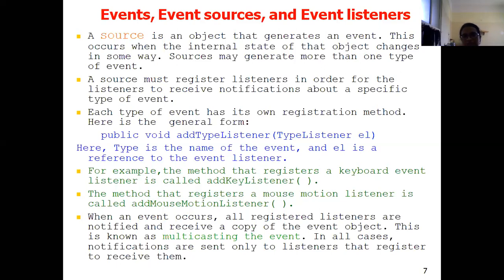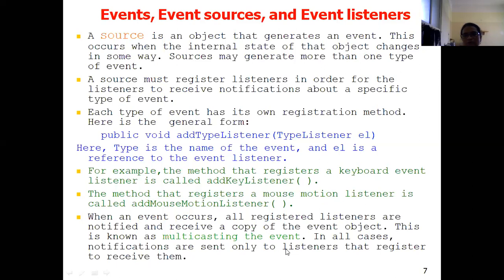If any event happens, say we are entering an email and password and then click, once the event is generated, the notification goes to both the key listener and the mouse listener. Both listeners get a notification that the event is carried. That is called multicasting.